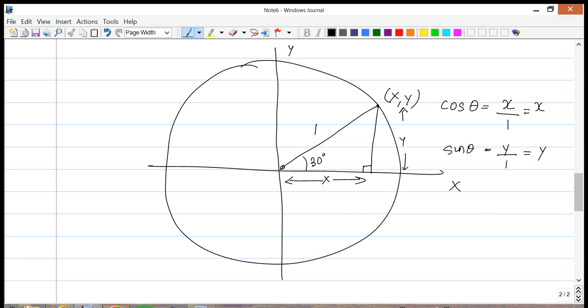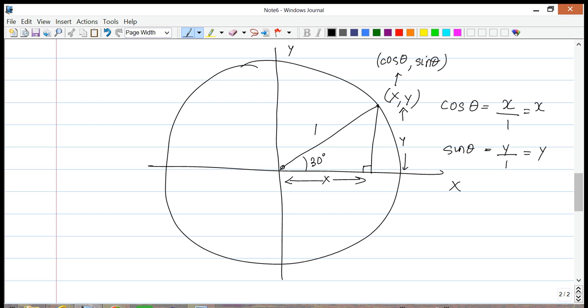So if you know the coordinates, you know the cosine and the sine. This only works for the unit circle, but you can scale it to anything else you want. To find the sine and cosine values, all you need to do is find the x and y coordinates for any angle. Now if the angle is 30 degrees, let's figure out the x and y coordinates.